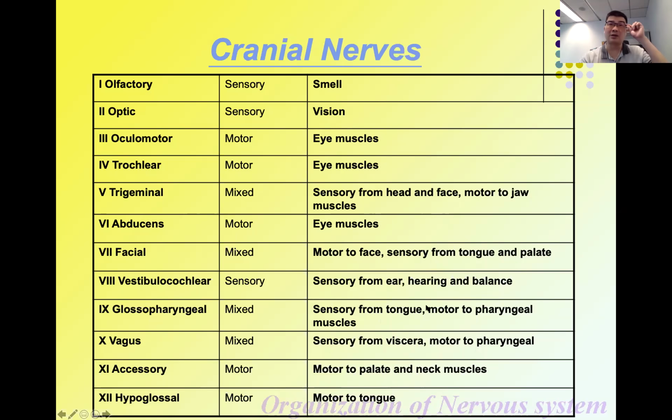So you can see that these control all of the sensory and movement of the head, including the eyes, the smell, the hearing, and so on. The vagus nerve goes down to the visceral organs, and we will talk about it. It's very important, especially for the parasympathetic system.